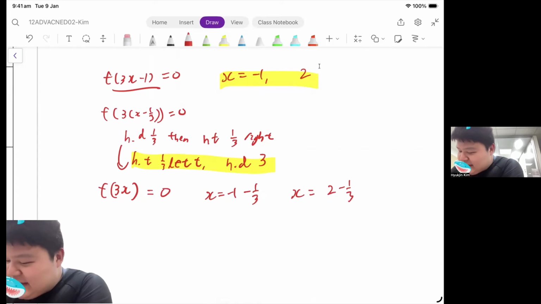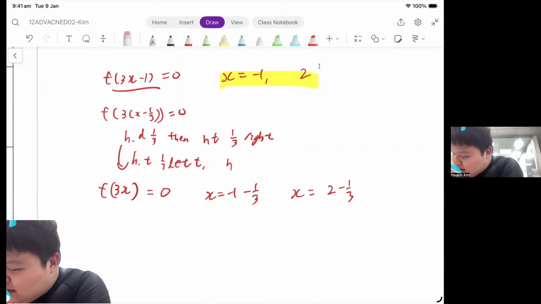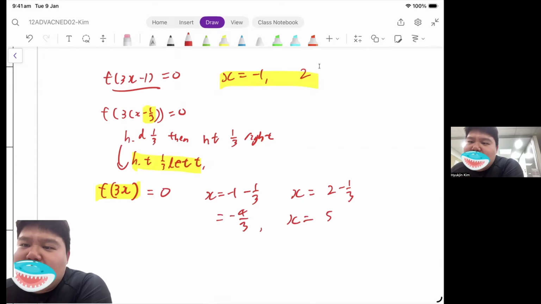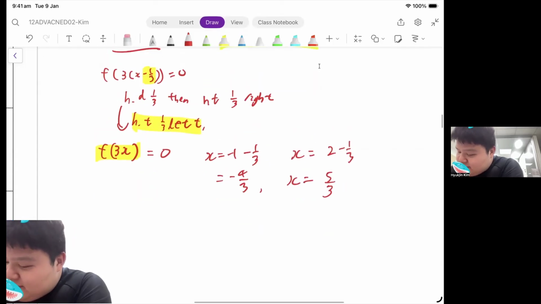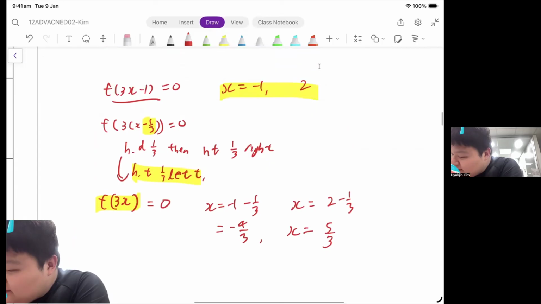So I did the translation first. And now I get -4 and 3, and I get x equals 5 on 3.